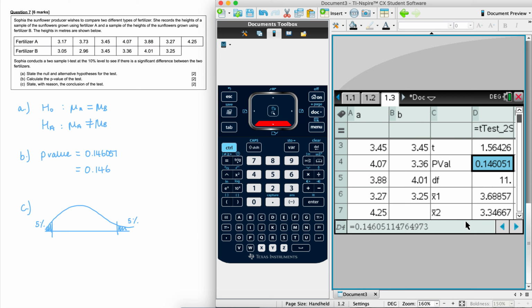Okay. And my value is 14.6. So half of that 14.6, because that's obviously used both sides, is going to give me 7.3. So the area is 7.3, which is actually bigger than 5%. So it's going to come out to here somewhere. So it's bigger than 5%.